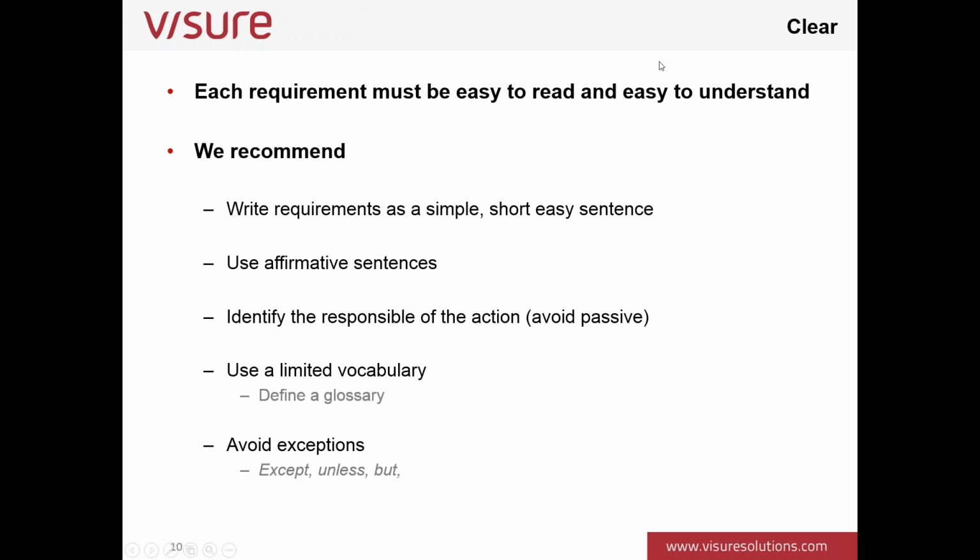What's the meaning of that? Basically, each requirement must be easy to read and easy to understand. Sometimes we start writing down a requirement, and when we get to the middle of it, we lose focus on what we were saying at the beginning. It's really common that we mix things in the requirement, because it's typical when we are writing.